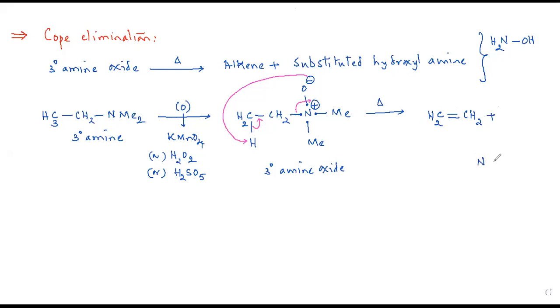Yes, a dimethyl substituted hydroxylamine. You got OH. Look at this. 2 hydrogens have been substituted by methyl groups. So I can tell you that this is the dimethyl derivative of our hydroxylamine. Dimethyl hydroxylamine. Hope that is okay. Now let us go for the mechanism.